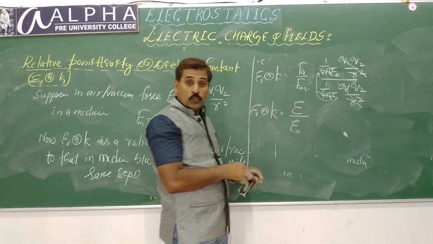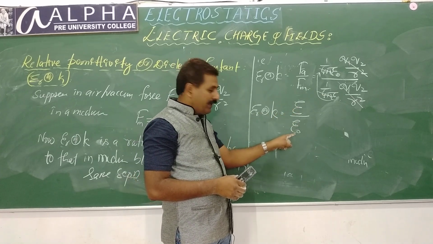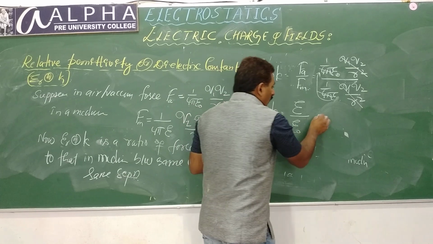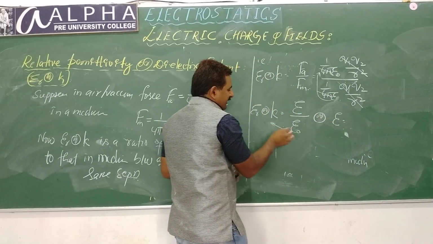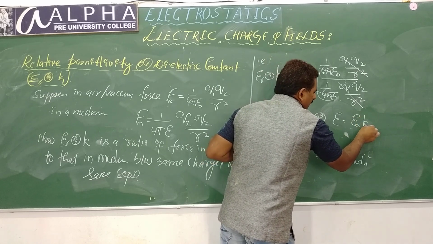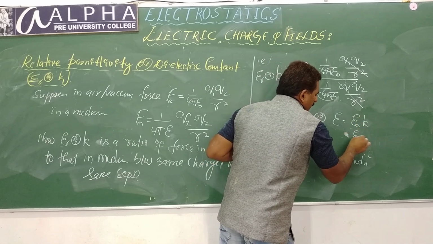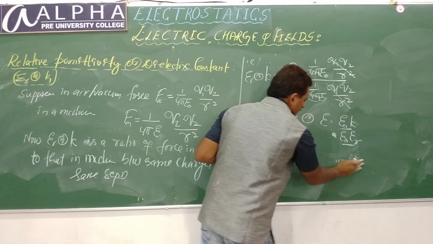Whenever I use the word epsilon r, what do you write? Epsilon by epsilon naught. What is epsilon? If I bring this to left side, epsilon naught into k, or epsilon naught into epsilon r. You can write this or write this.